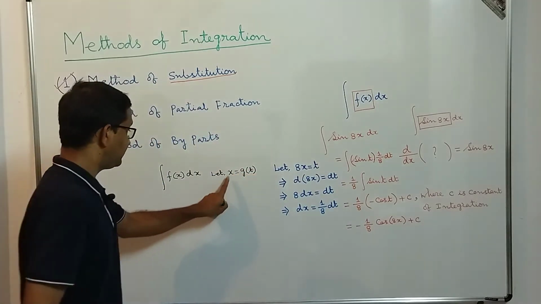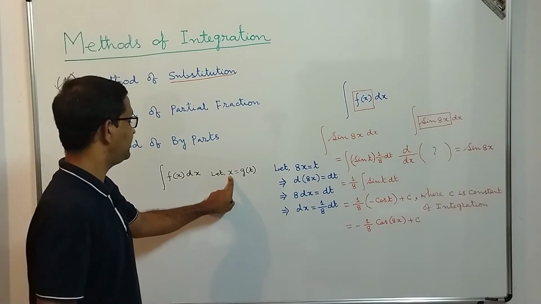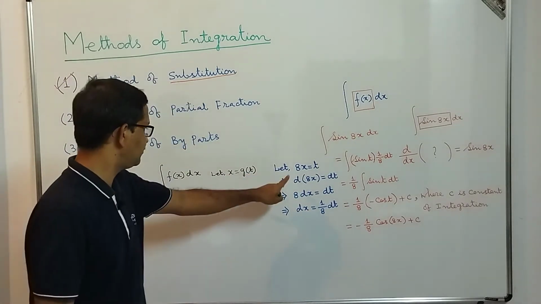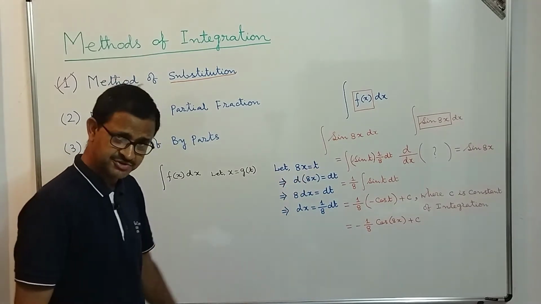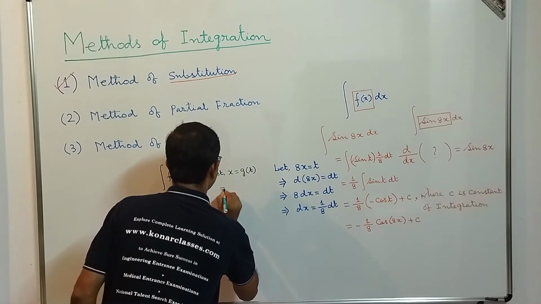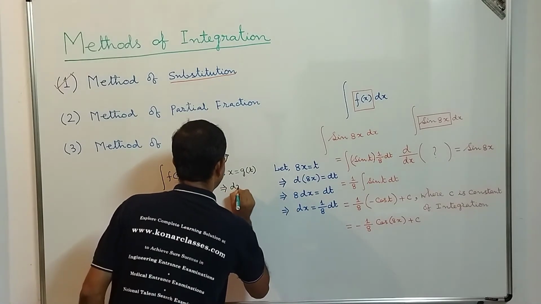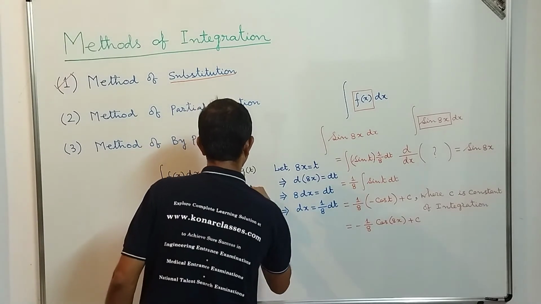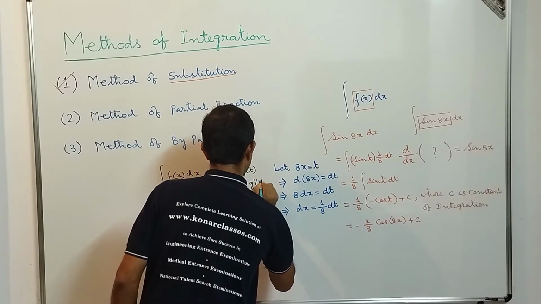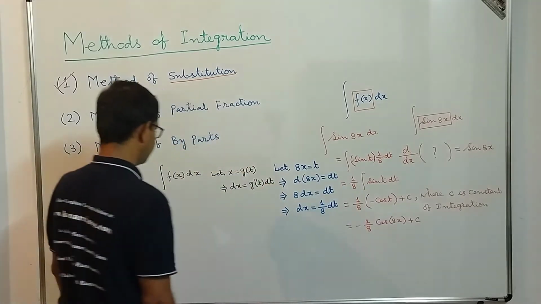That means variable x has been replaced by a function g(t). In this case, x is equal to t by 8. Then from here we can find dx is equal to g'(t) dt, correct?